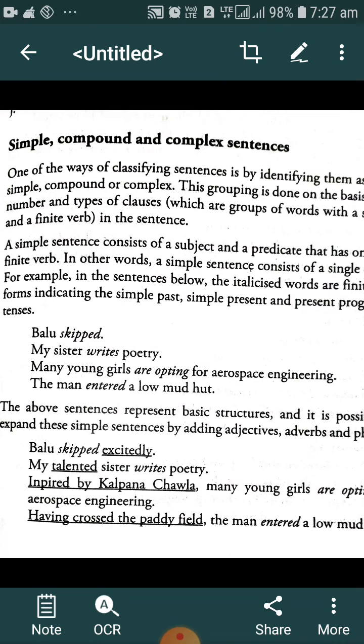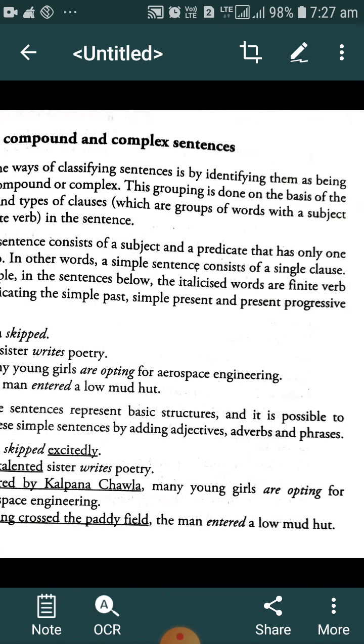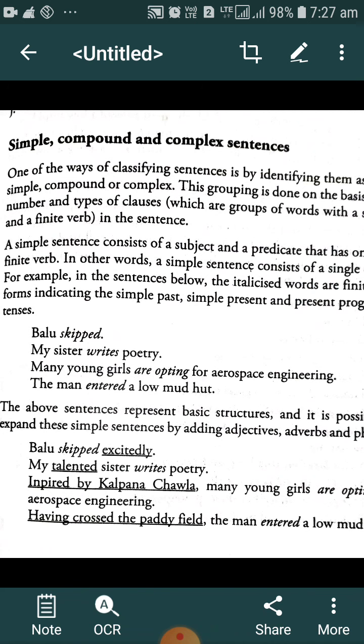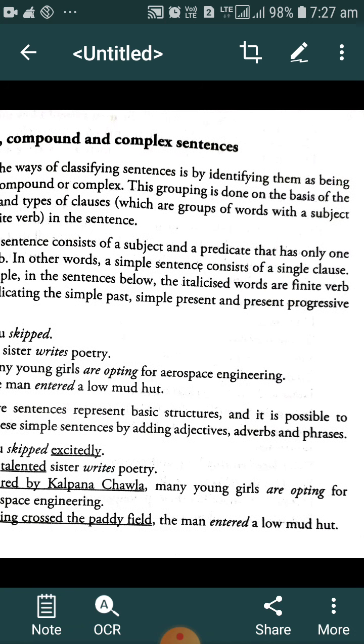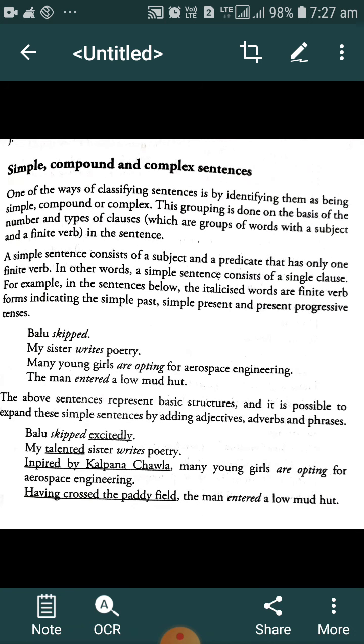So one of the ways of classifying sentences is by identifying them as being simple, compound, or complex. This grouping is done on the basis of the number and types of clauses, which are groups of words with a subject and a finite verb in a sentence.